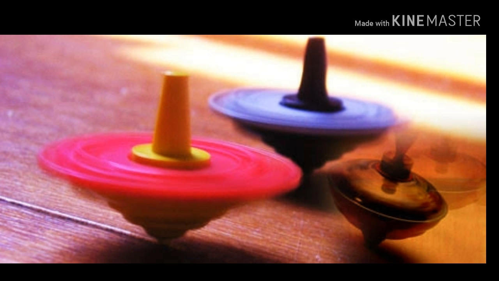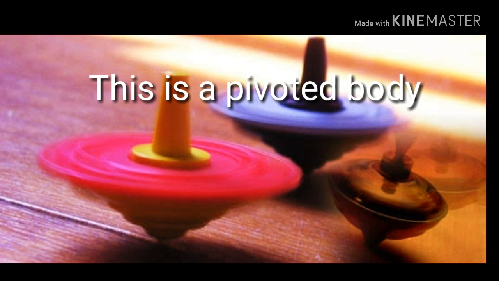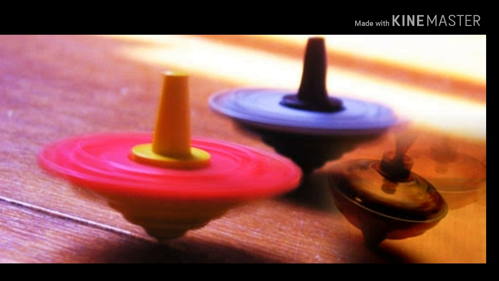Next, moving on to rotational motion. Till now in linear motion we saw that when a body is not pivoted at a point, it starts to move in a single dimension. But what if the body is pivoted at a point? If a body is pivoted at a point and a force is applied on it, it does something interesting.